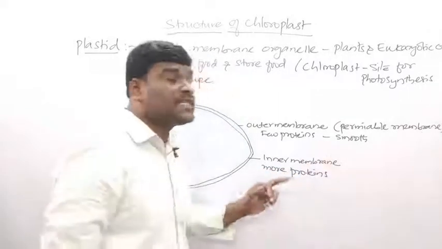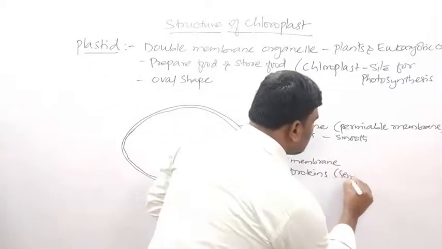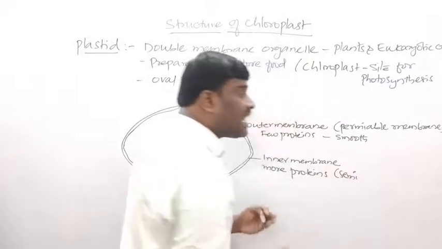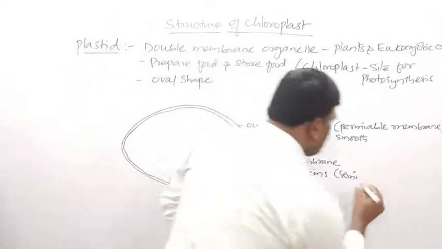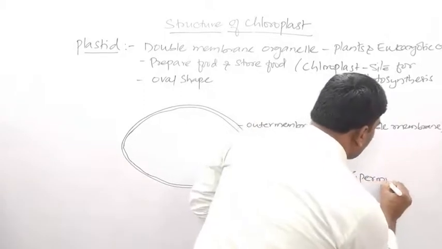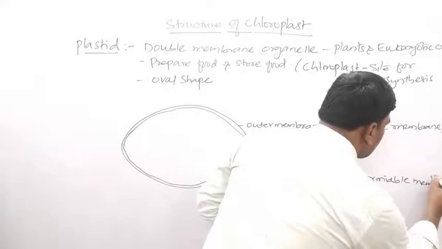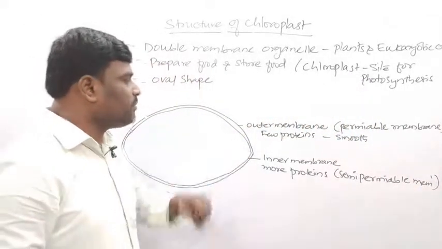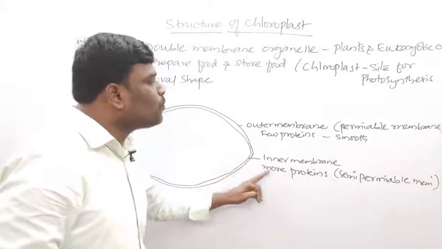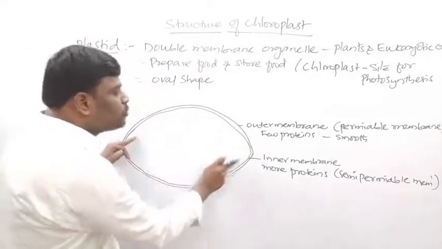And it is semi-permeable. Semi-permeable means what, children? It will allow only selected materials to pass through it, right? So it is a semi-permeable membrane and it has more proteins. And the inner membrane is also smooth, children.